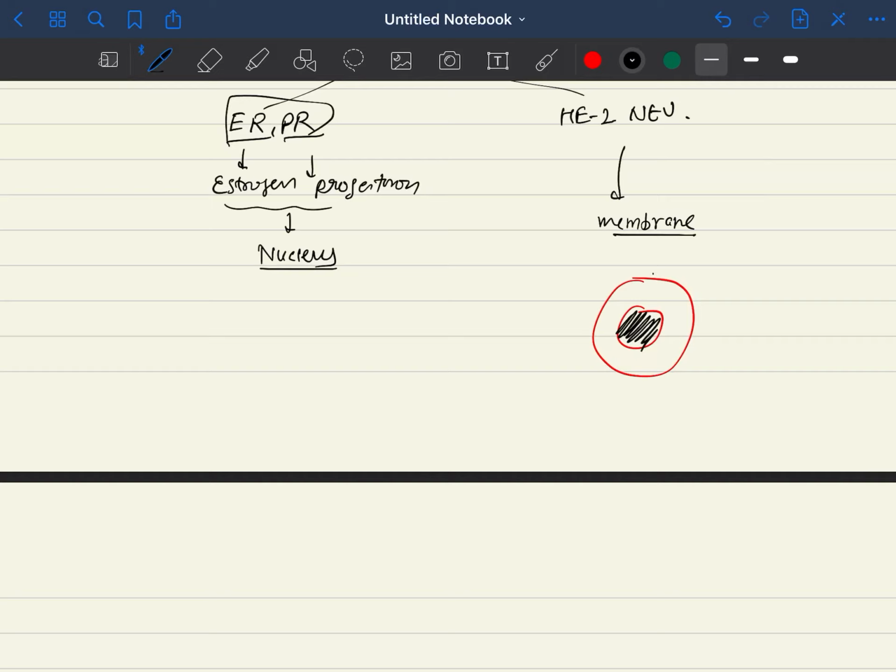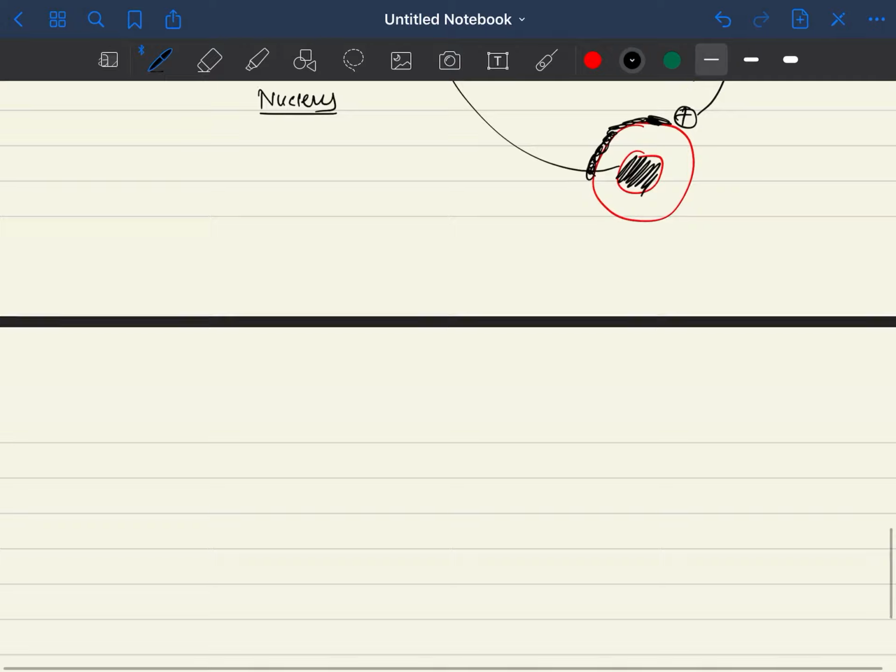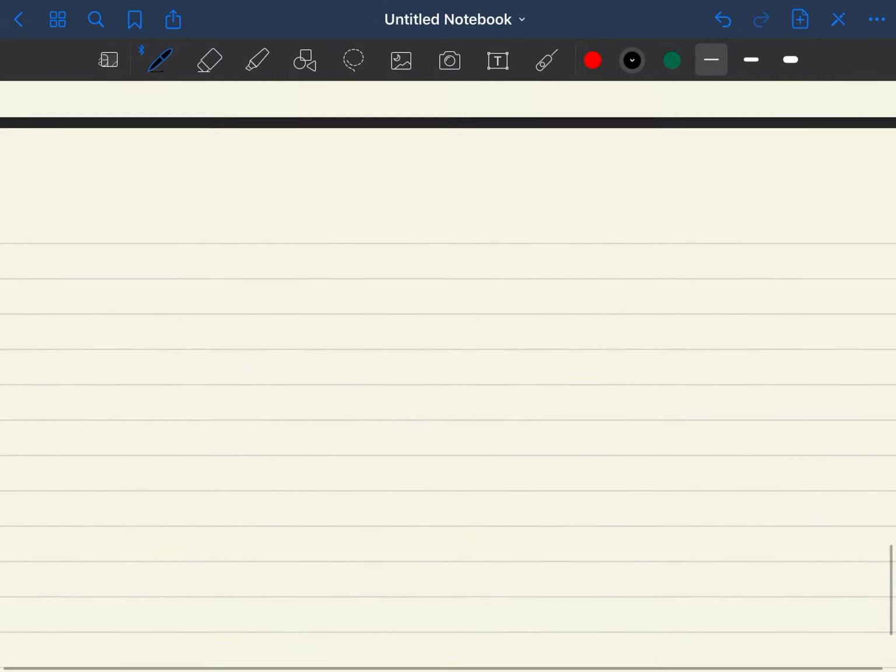And if the methylene blue is in the periphery, in the membrane, it's HER2/neu positive. So we can find this with immunohistochemistry.